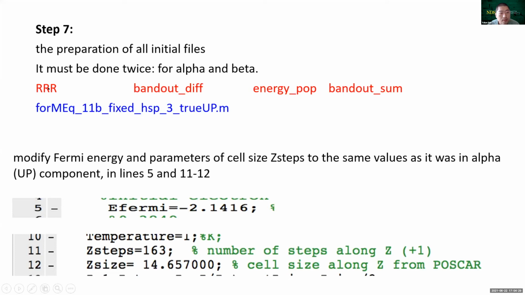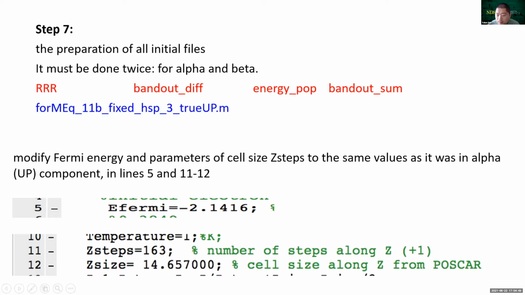So here I show all the necessary files for the dynamics calculations. You need the RRR, band-out diff, energy part, band-out sum, and also a special MATLAB code file.